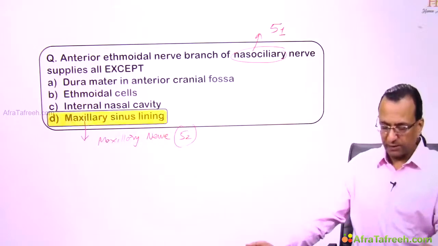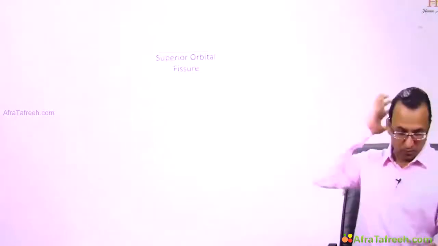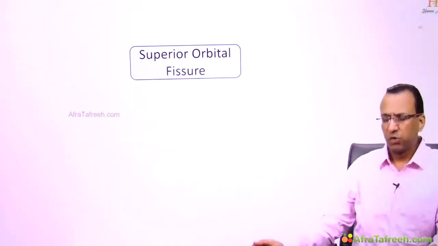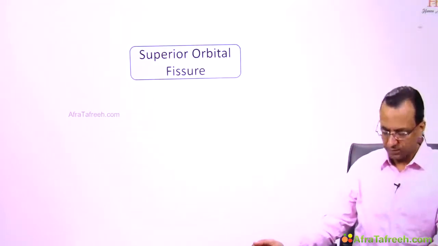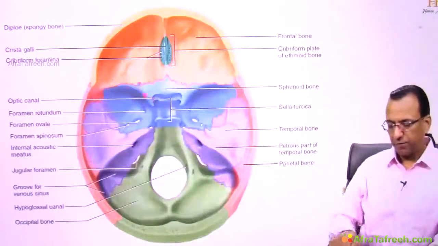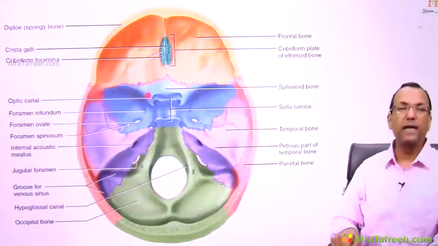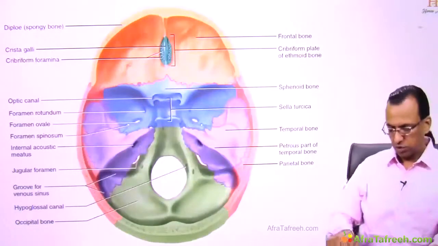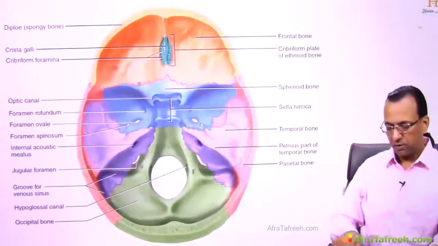We'll keep this answer and then we are moving on to the superior orbital fissure, some nerves passing inside, some nerves outside. Which superior orbital fissure are you looking at? I'm looking at the left superior orbital fissure. But before you look at it, quickly recapitulate. What is this bone? Cribriform plate, ethmoid. What is this bone? This is the roof of the orbit, frontal bone. And what is this bone?